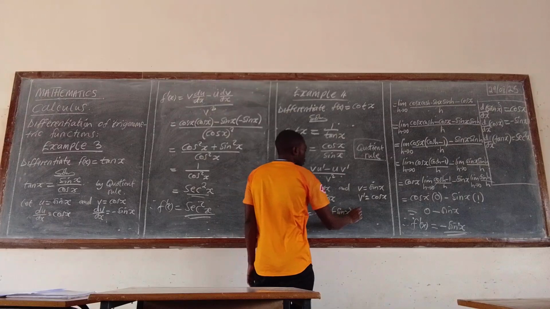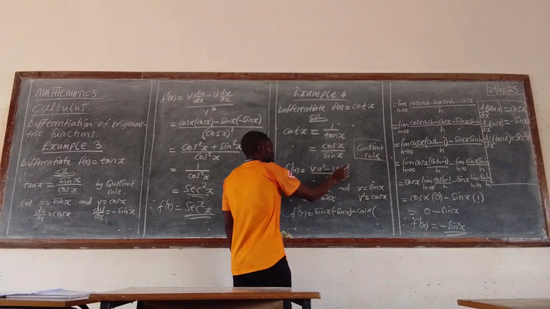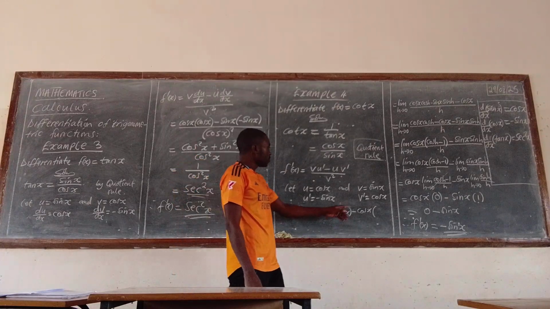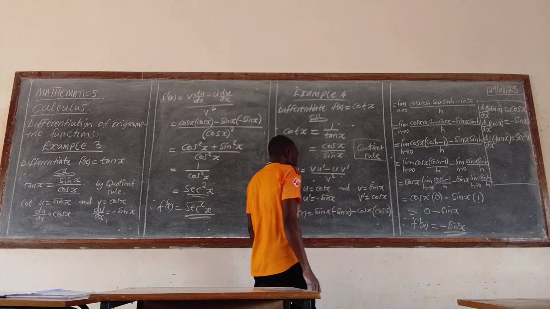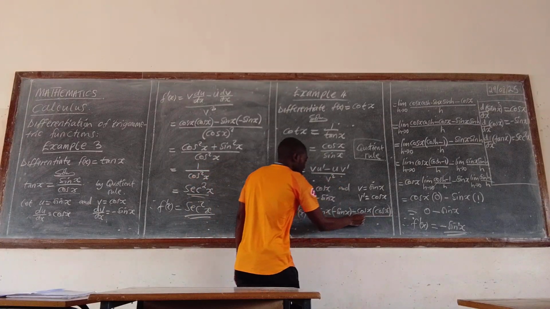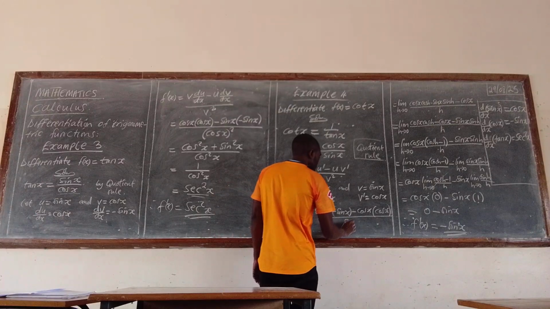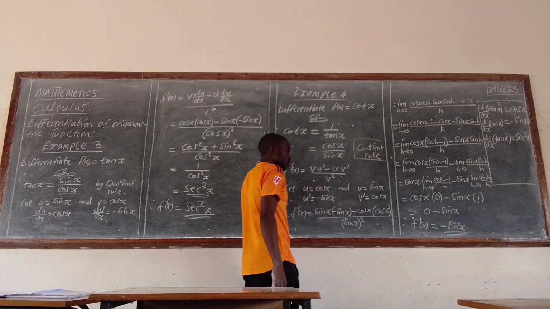Our u is cos x. And what is our v prime? Our v prime is cos x, like that.